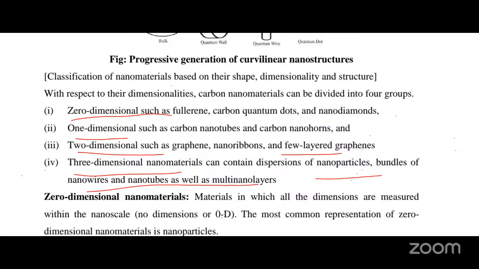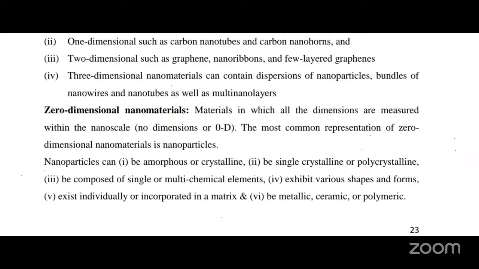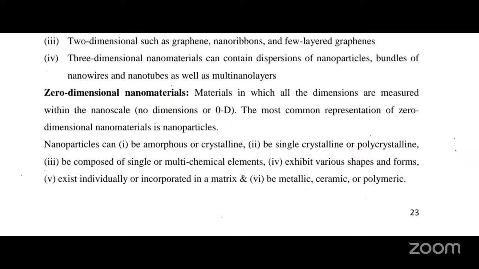So this is about zero dimensionality, one dimensionality, and two dimensionality. So what will happen by reducing the dimensionality of the material? Let's see zero dimensional materials: materials in which all the three dimensions are within the nano range. Therefore, that is called zero dimensionality. What is the nano range?